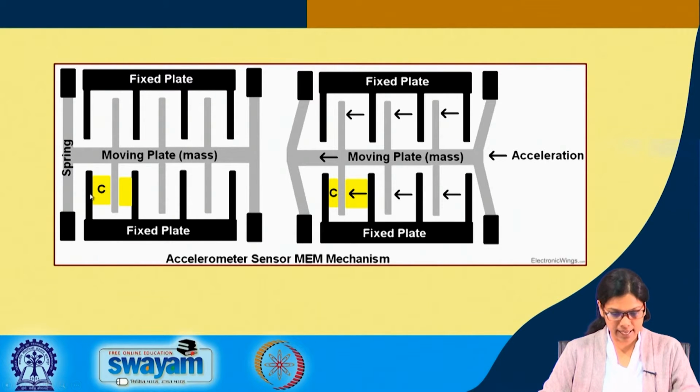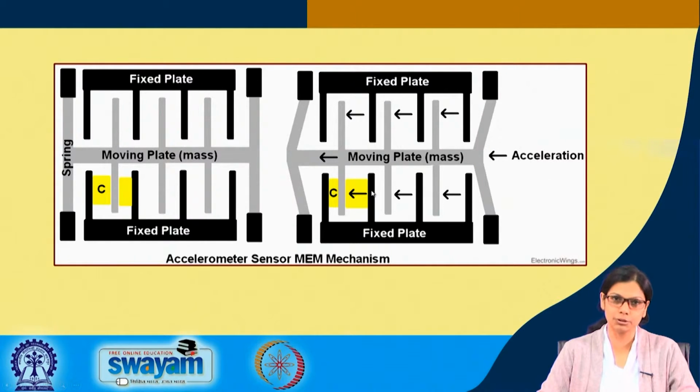Whenever there is an acceleration, this particular yellow thing changes. Based on this we can accurately find out whether it is tilted more towards the x direction, the y direction or the z direction. So, this is the accelerometer sensor with MEMS mechanism.